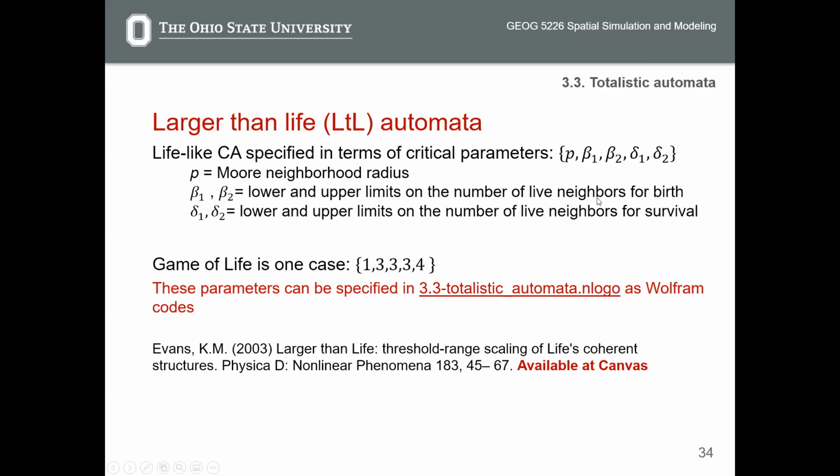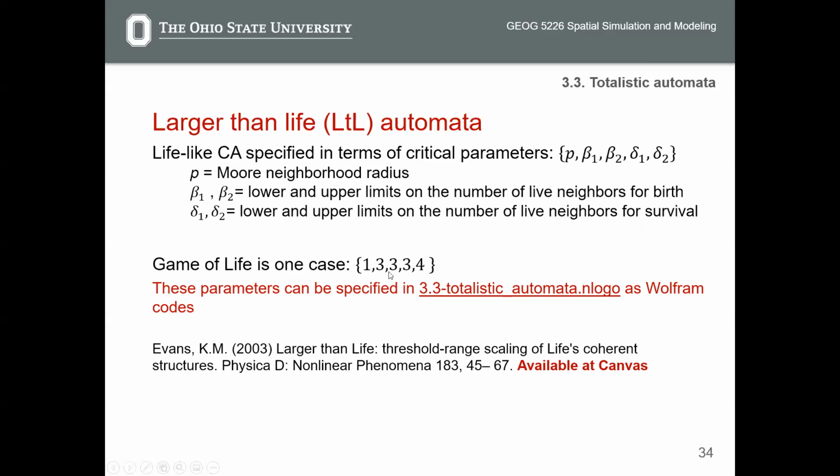If the current state of the cell is 0, and it has exactly 3 neighbors alive for now, then after the next tick, the cell itself will be alive. This is the lower and upper limits for birth.